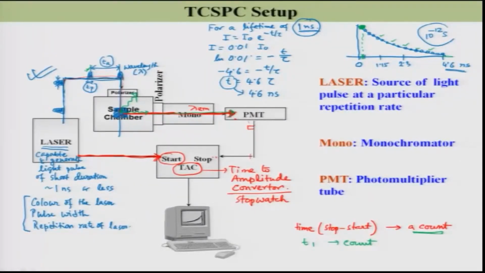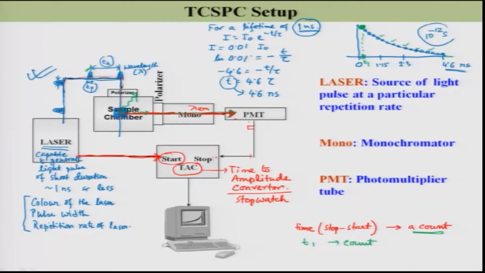So, for one turn, one light pulse comes in, excites, and the emitted photon is detected. Which emitted photon? I do not know. It could be this one, it could be that one. But in this particular case, I said that this is the emitted photon at time t equal to t1, and that photon has been detected. But there are many more excited state molecules, not only one.